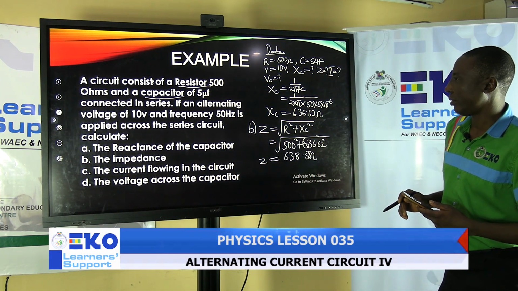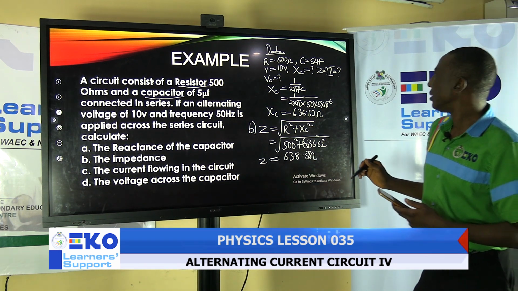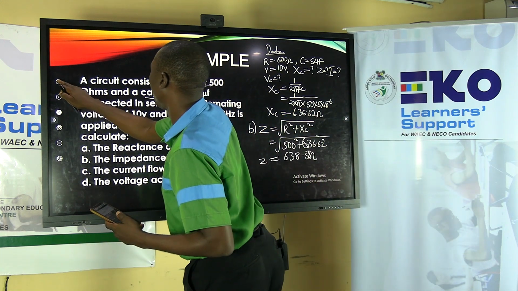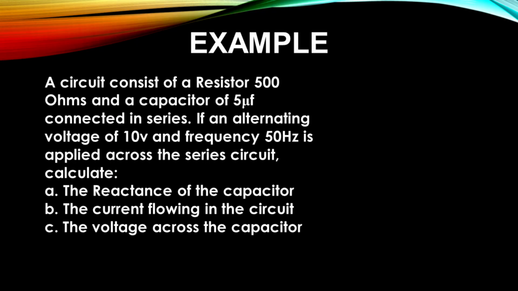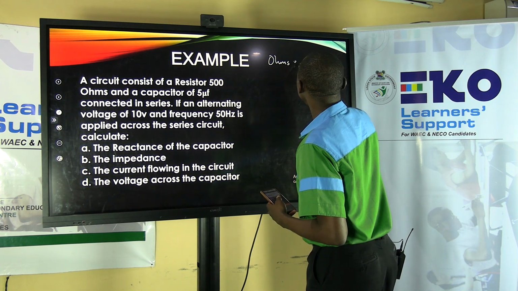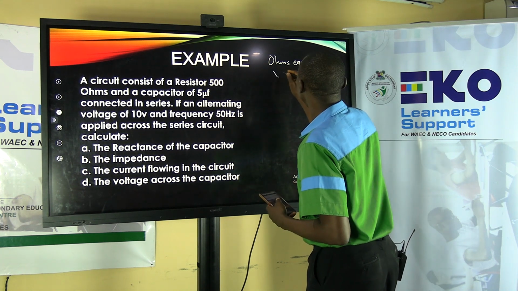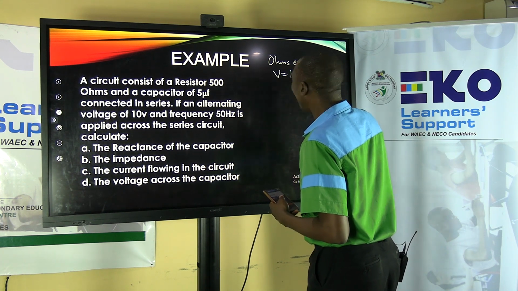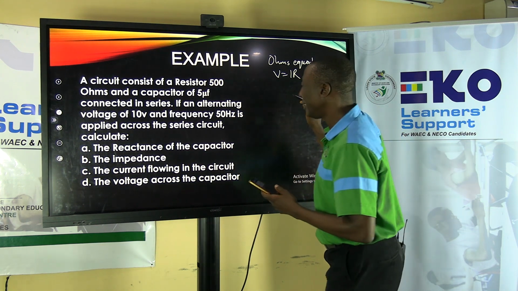We are left with the current flowing. We want to look at the current flowing in the circuit, because it involves impedance. Recall Ohm's law, V equals IR. But because we are dealing with impedance, we substitute our resistance with impedance.